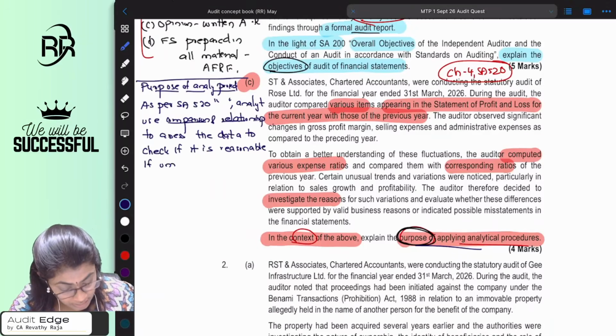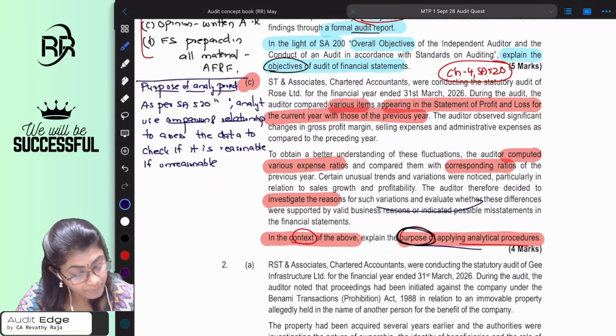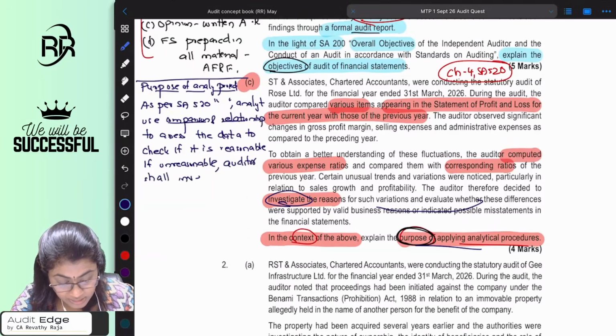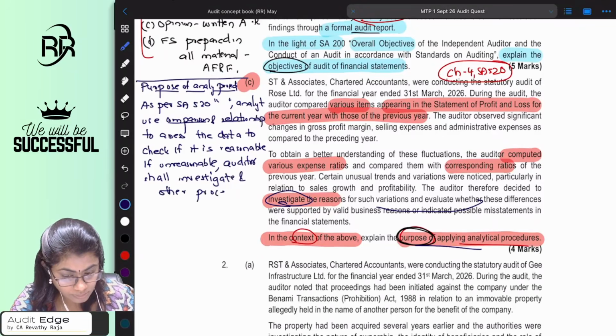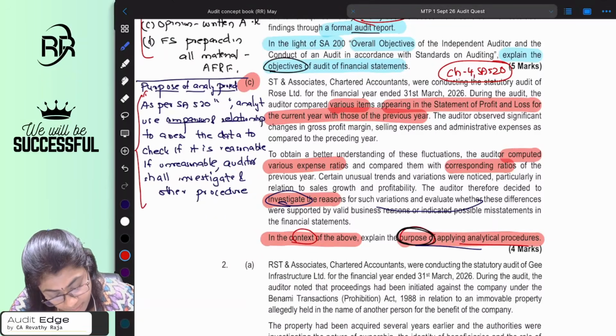If unreasonable, what will the auditor do? You'll get it from the question. Investigate. If unreasonable, the auditor shall investigate the results and perform other procedures. So this should be the first part.